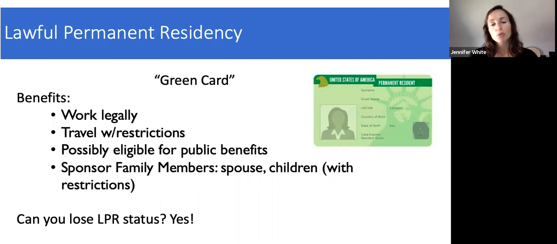Number 2, an immigration judge can strip you of your green card. Usually that is a result of certain crime or fraud. Those are the big options I've seen. So what that means is, say you're a green card holder and you are convicted of a pretty serious domestic violence offense, for example.